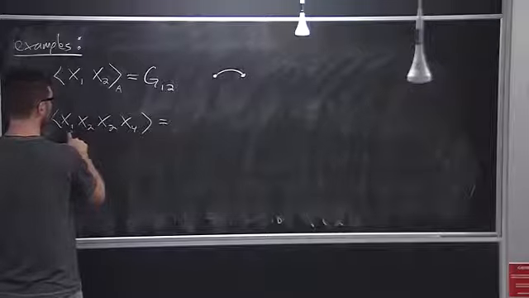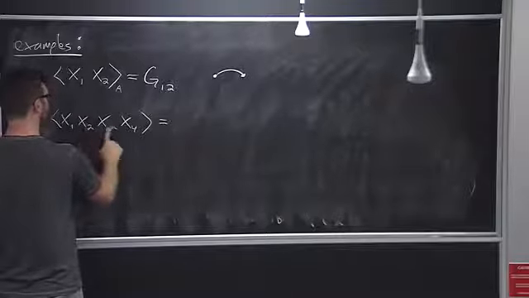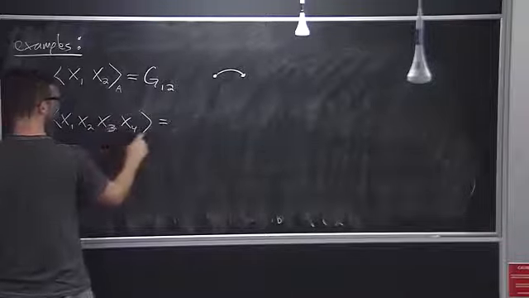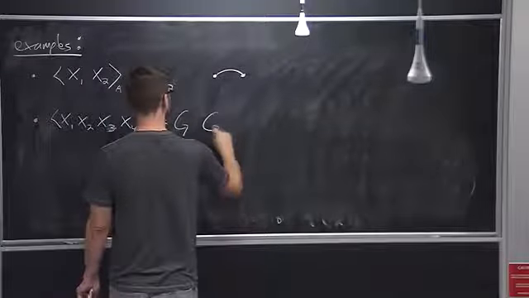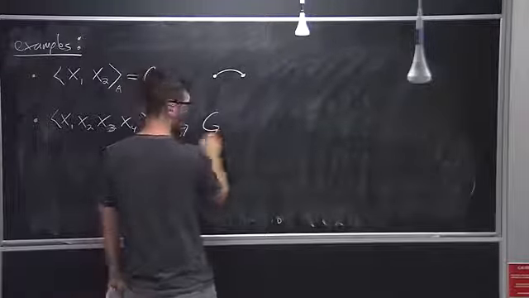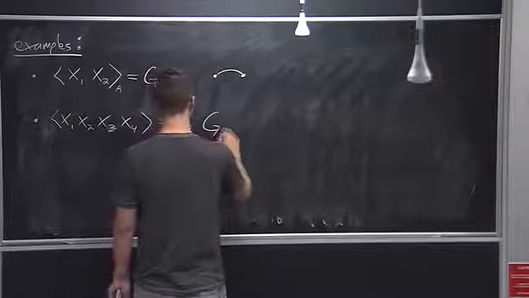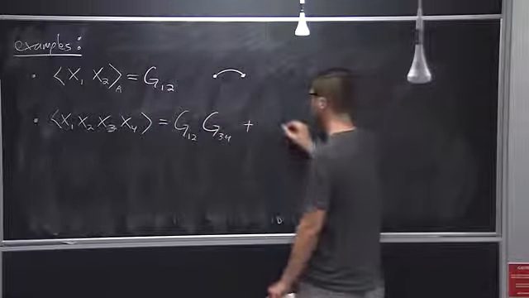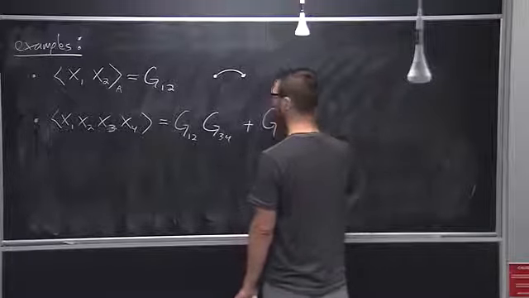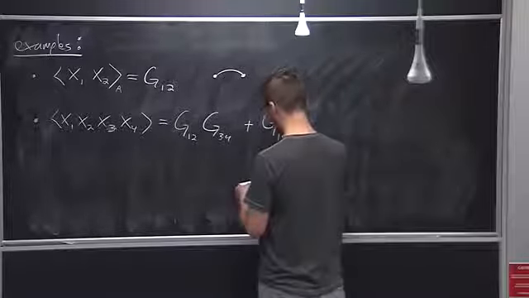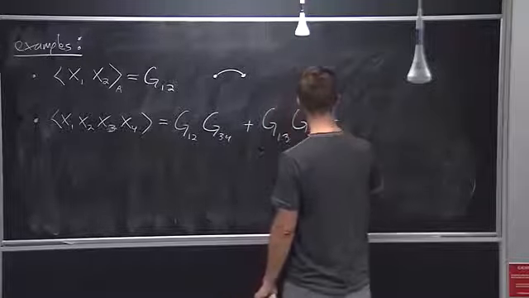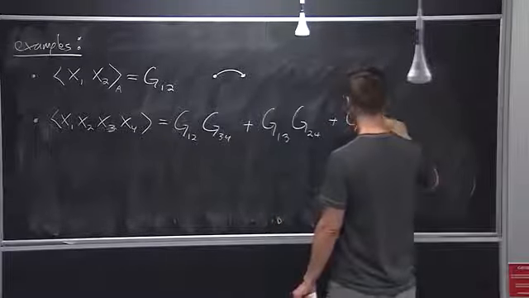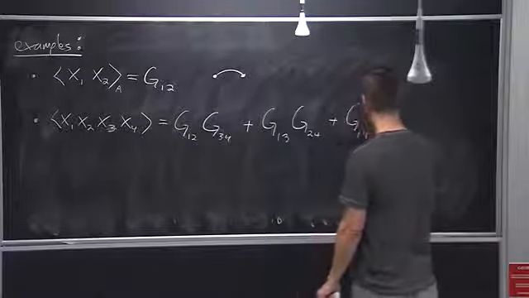So there's 4. Oh well, that should be a 3. There's 4 of these, so I need 2 G's, and I have to put all possible indices on these things. So 1, 2, 3, 4. That's one element of that sum. 1, 3, 2, 4. Then 1, 4, 2, 3.